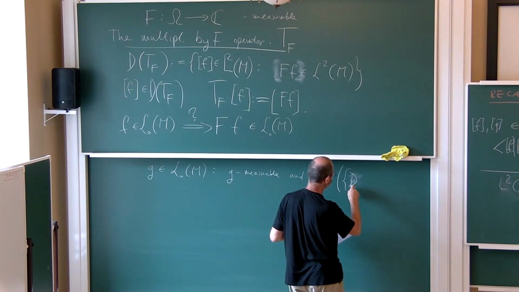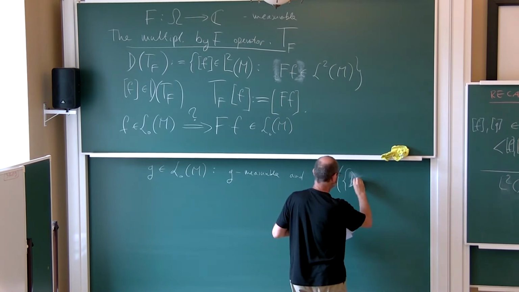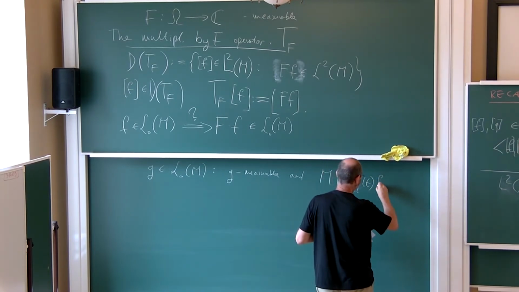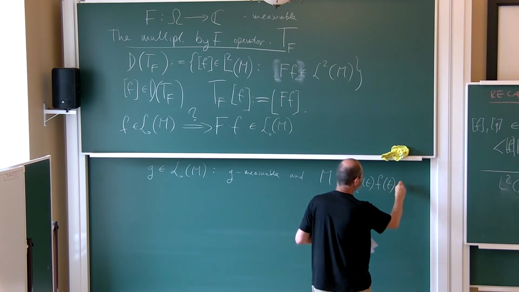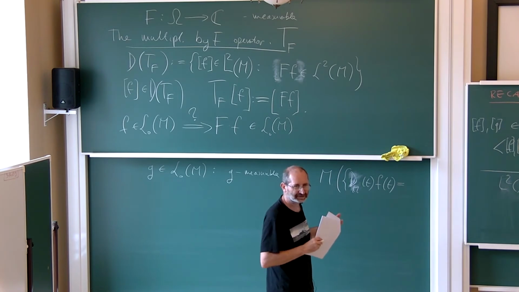The set I write this. So we take dm of t on f of t, and it should be 0 almost everywhere.